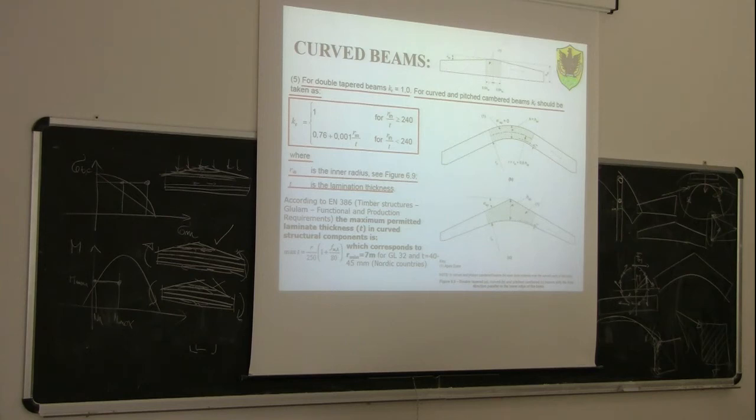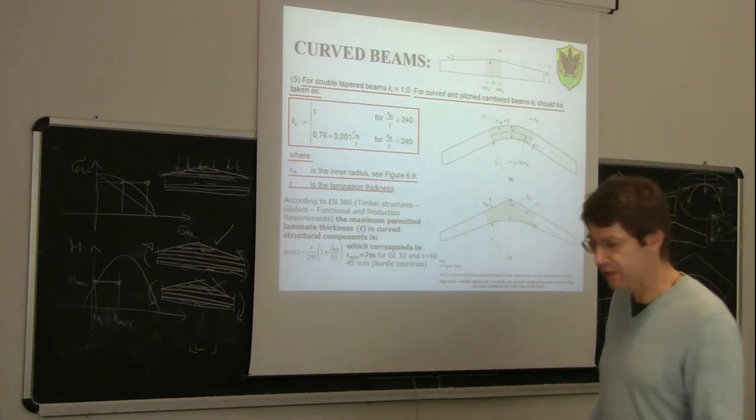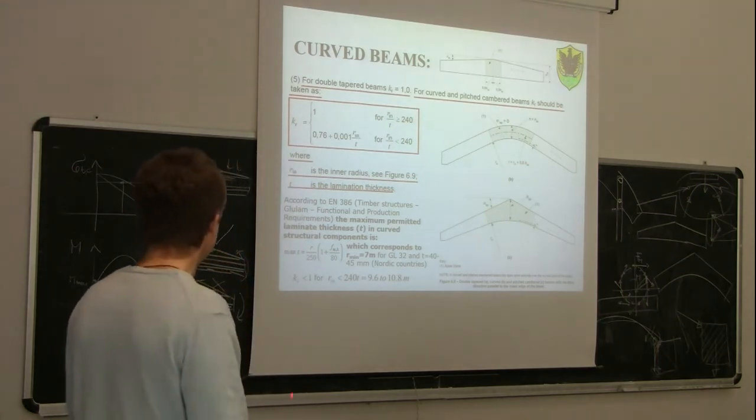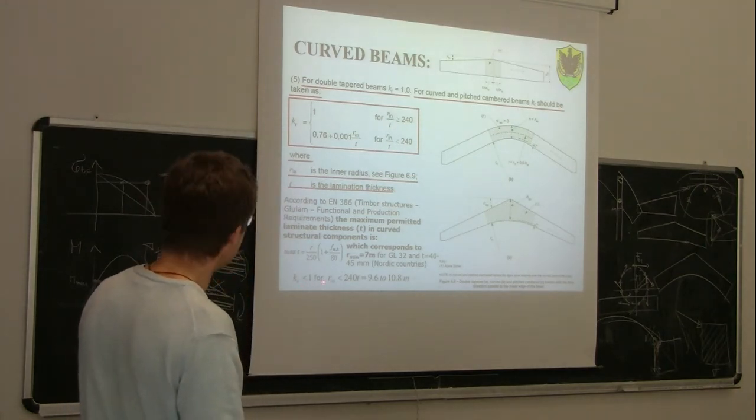And anyway, after, when we do the verification, we need to check if we need to reduce the design bending strength with the Kr coefficient or not. You see here that Kr is less than 1 for this inner radius of lamination less than 240 times t, which means 9.6 to 10.8 meter.